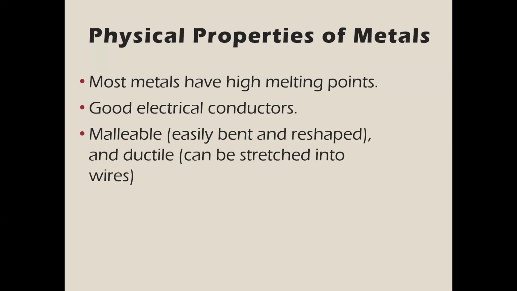They are malleable because they are easily bent and reshaped. Let's say iron, for example, can be bent and reshaped into different shapes. And ductile because they can be stretched into wires, like the copper wires that you see in electricity wires.